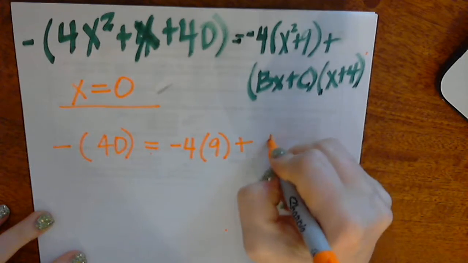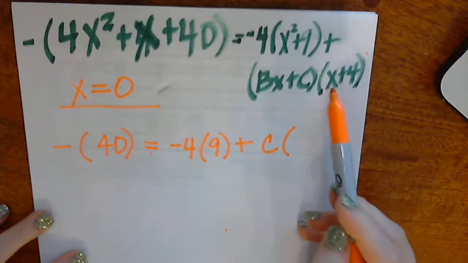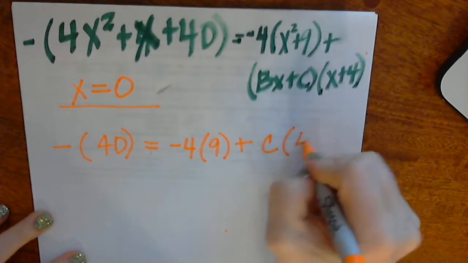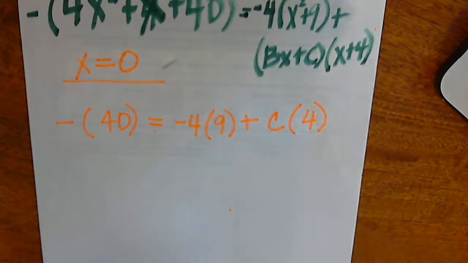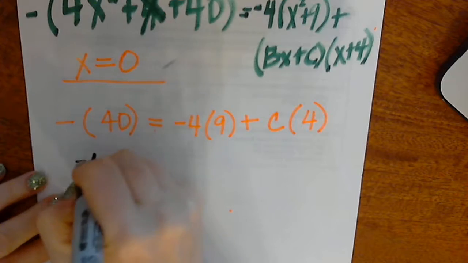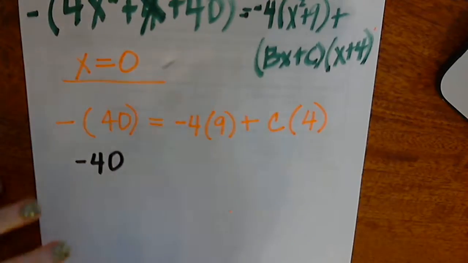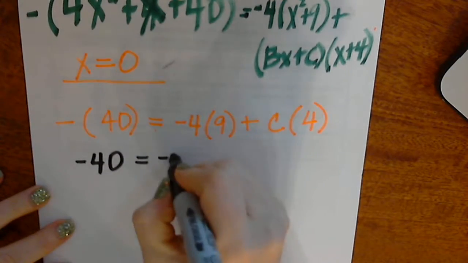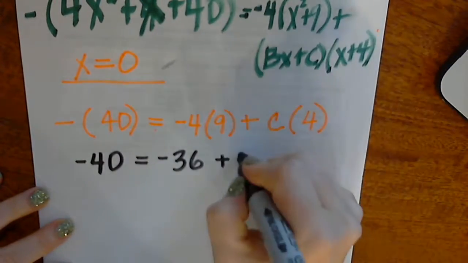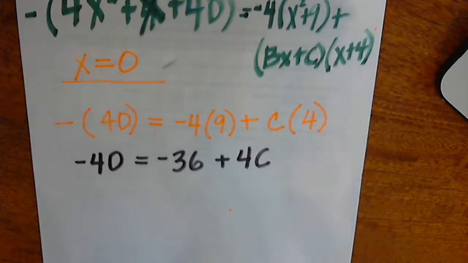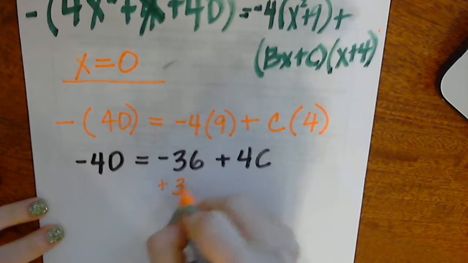But the c won't, and then that's going to be 0 plus 4. So then what that gives us is a -40 equals a -36 plus 4c. Then from here, add 36 to both sides.